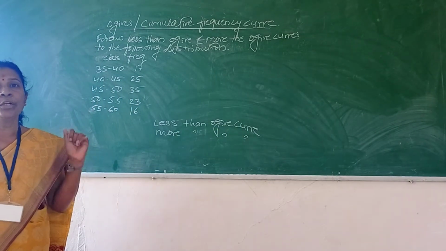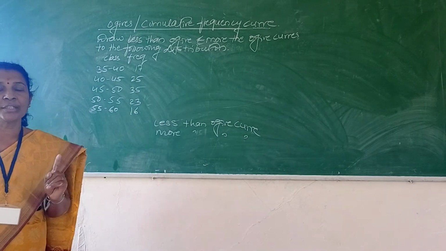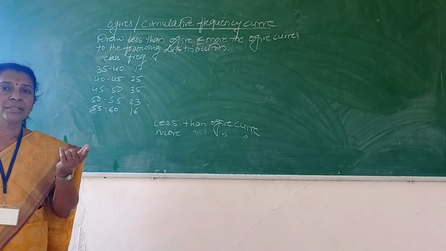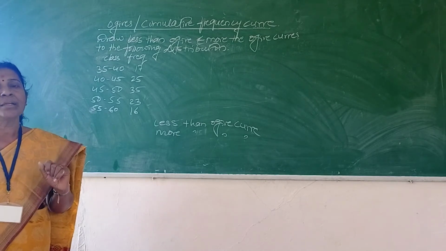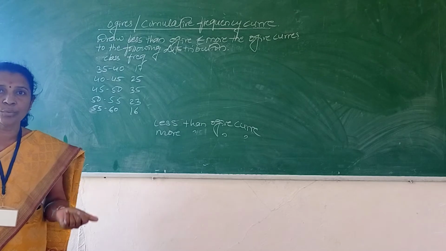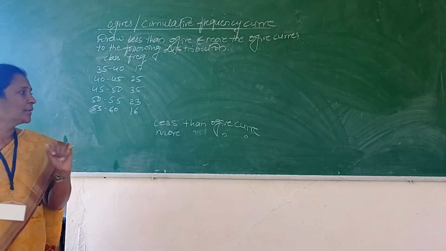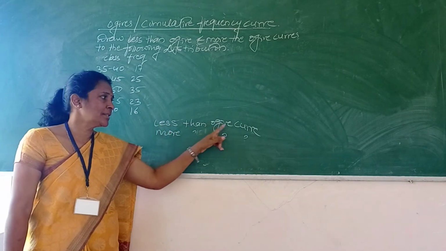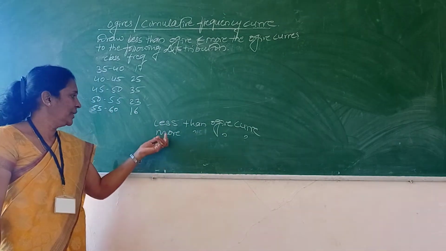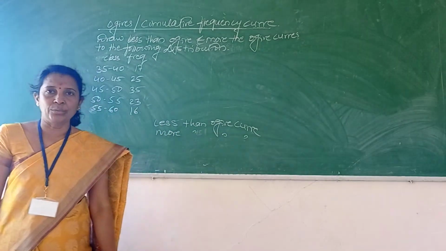Since cumulative frequency distribution is of two types, you will have less than Ogive curve as well as more than Ogive curve.